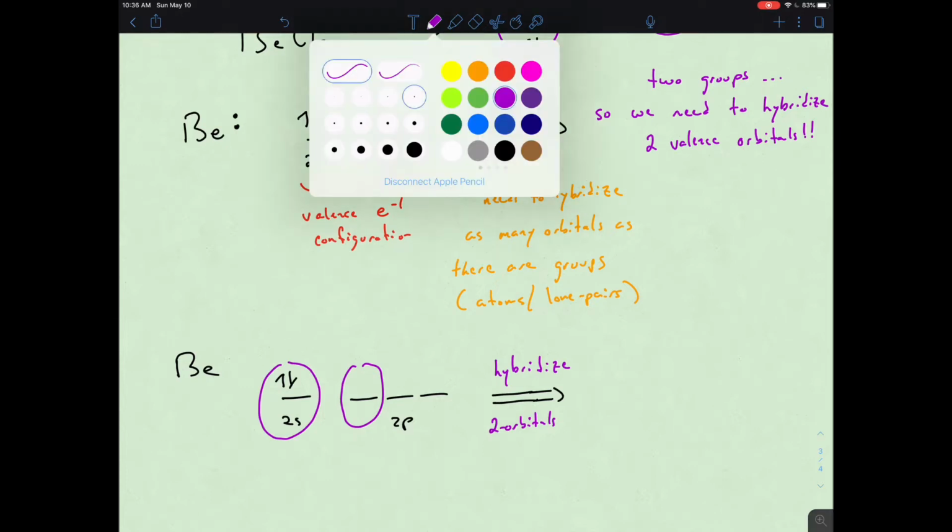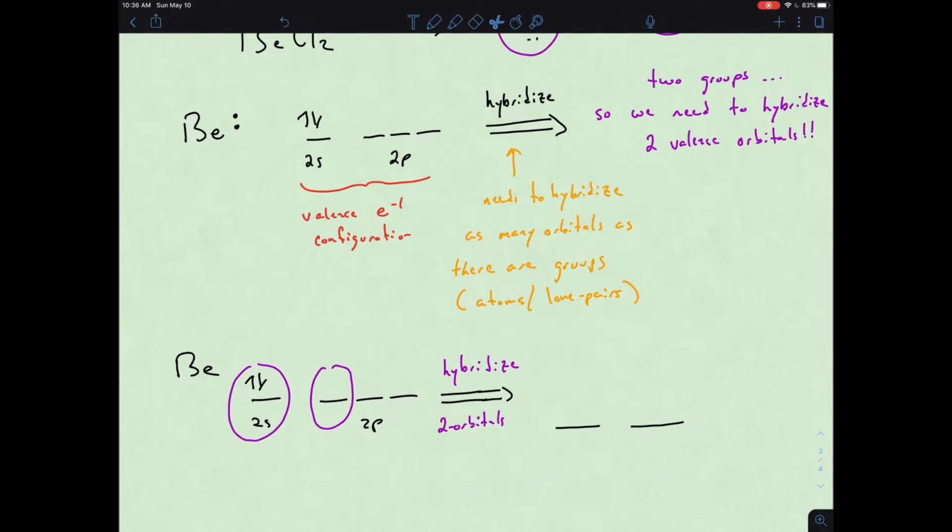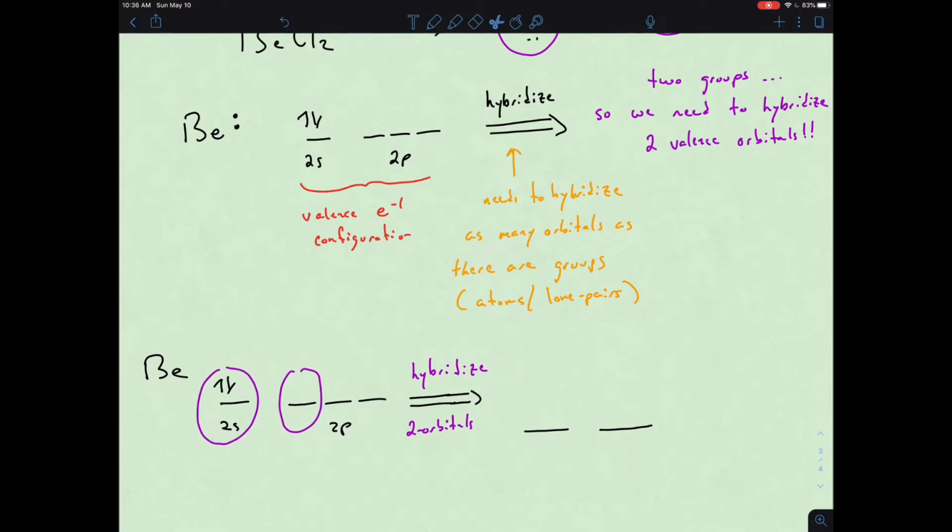And that's going to change the orbital set that we have now in terms of this idea of hybridized orbitals for sigma bonding, as well as then the possibility of non-hybridized orbitals as well.